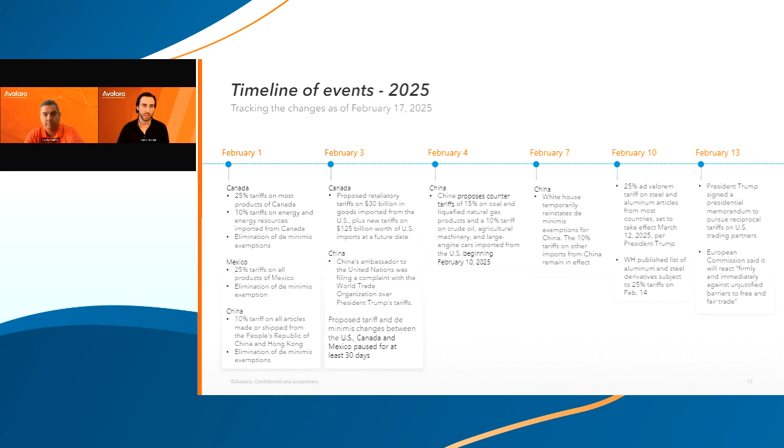Now, February 7th I find an interesting day, as the White House reinstated de minimis until, quote, adequate systems are in place to fully and expediently process and collect tariff revenue. For all the trade folks on the call, this has been a key topic of speculation over the past 6 months: if de minimis were removed, how would CBP and other agencies properly process this level of volume under new scrutiny?